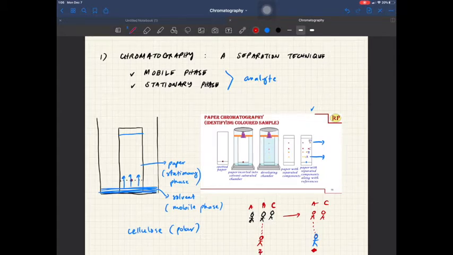So A tends to stay a little longer compared to C. So that is one of the most relevant analogies for this. The stronger the interaction to the stationary phase, the slower the analyte moves along the paper. So that is the essence of chromatography.